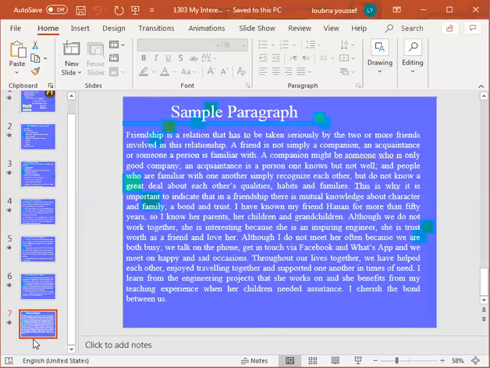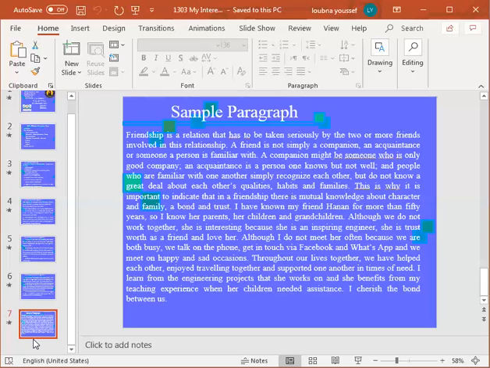Now, the third point, the writer mentioned in sentence number 2 is a friend is not someone you're familiar with. And in this third sentence, the writer gives us a definition of what to be familiar with someone means, all right?